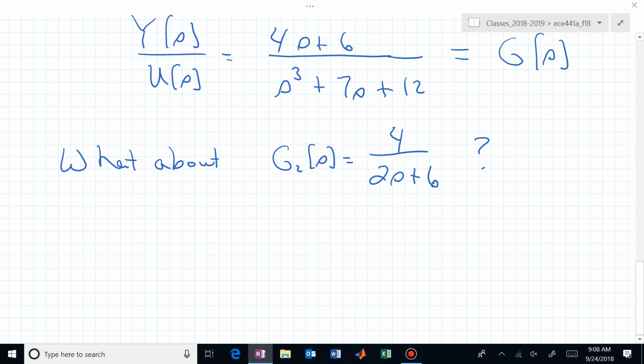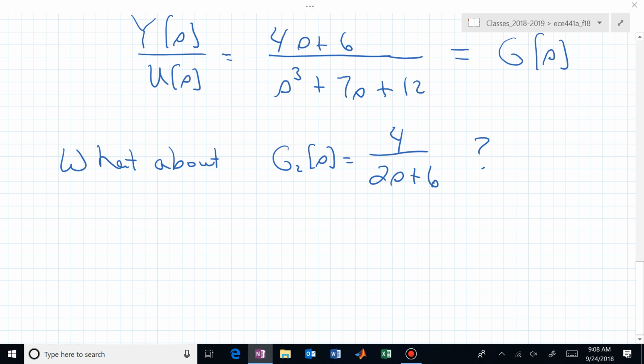Third order. So if you're thinking about a state space representation, how many state variables are you expecting to have with G? 3. You're expecting 3 state variables, which if you're thinking about an all-integrator block diagram, means you need 3 integrators in your block diagram.